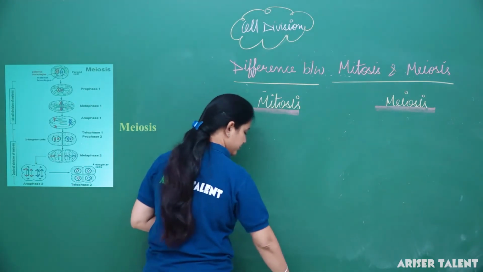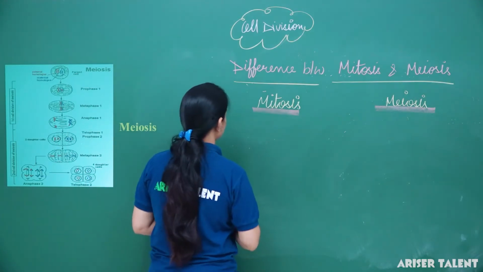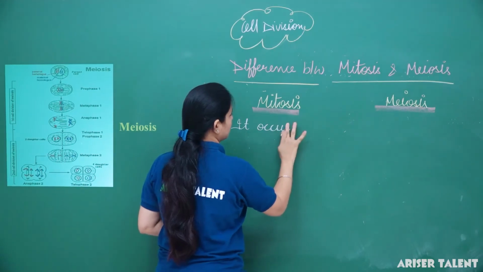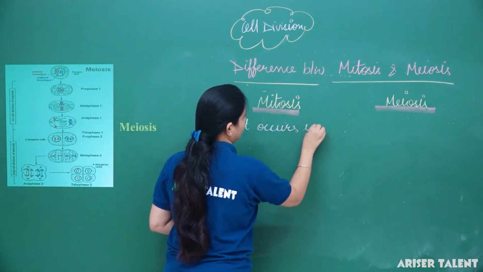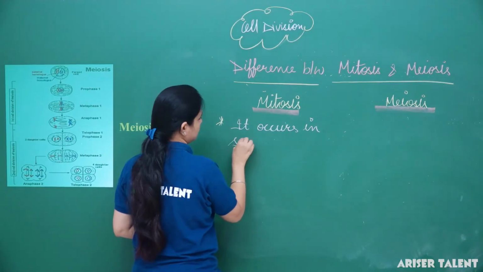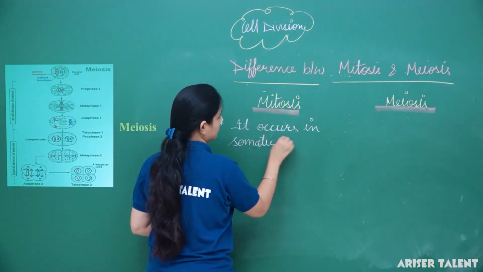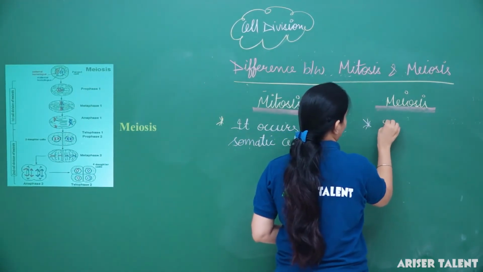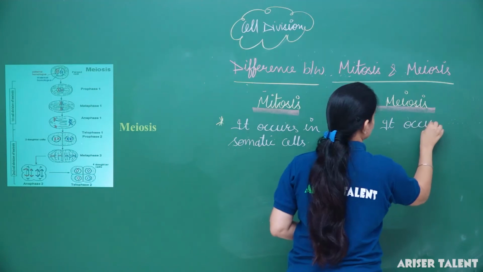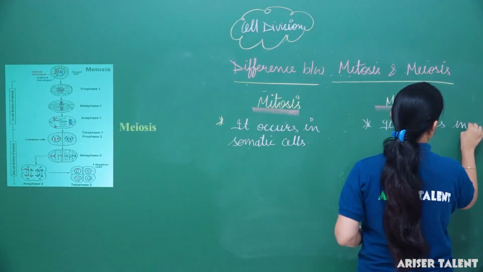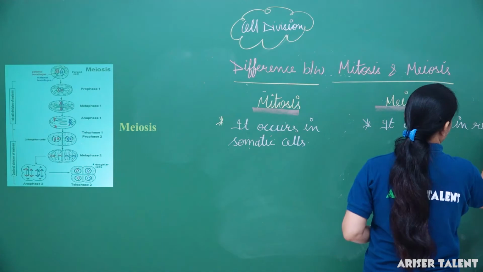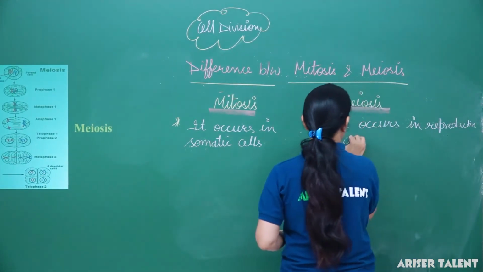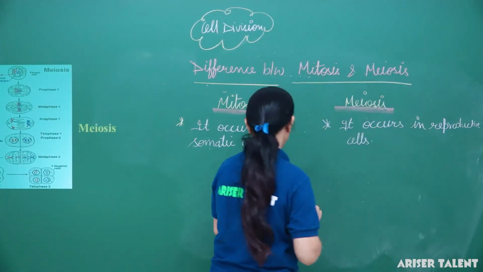Here we can mention: it occurs in somatic cells, meaning body cells, and here it occurs in reproductive cells. Okay.